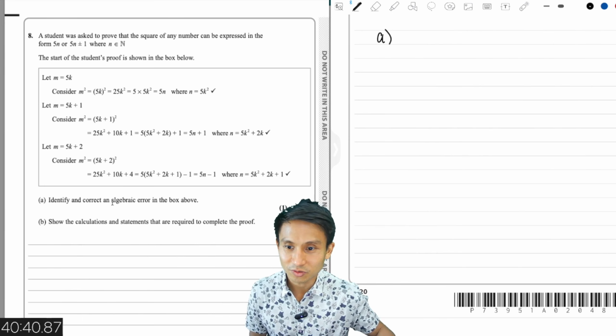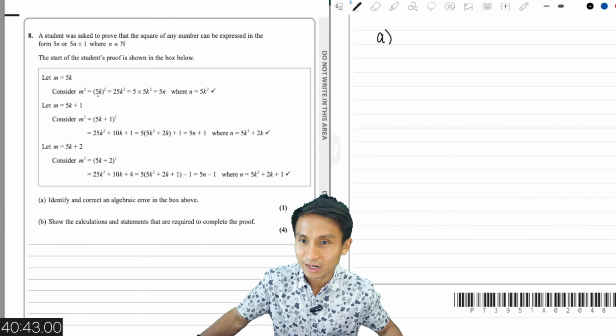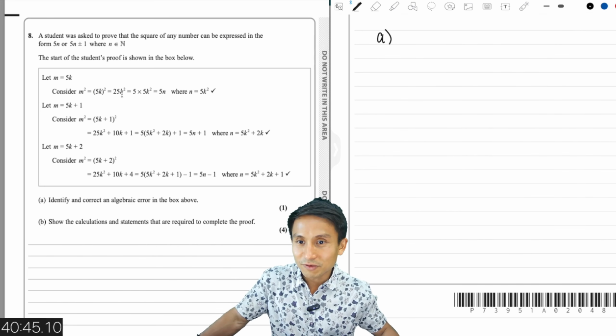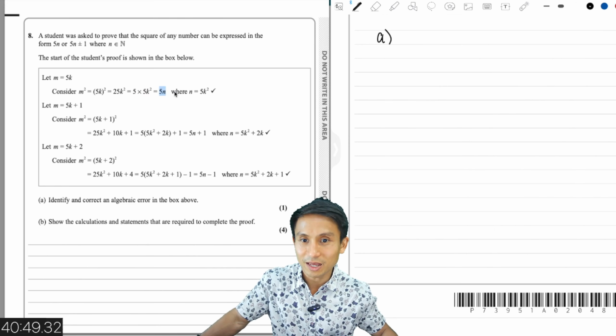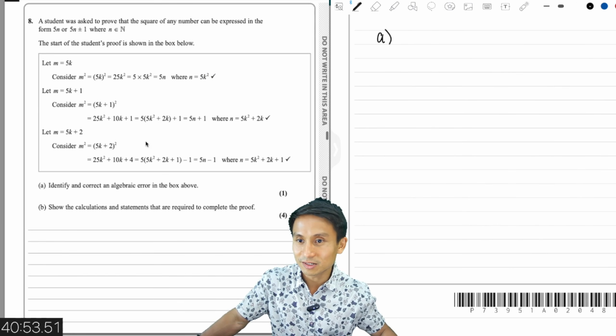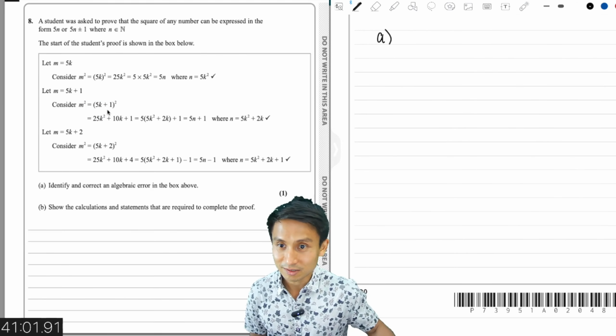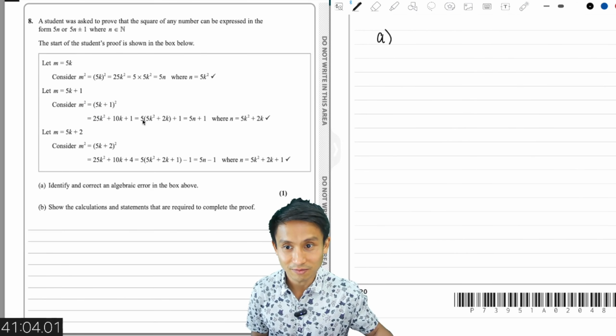Okay, so is there an algebraic error? m squared, 5 squared, 25k squared, 5 times 5k squared, that's 5n, where n is 5k squared, so that's fine. Let m be 5k plus 1, so that's expanding. So 5k squared times 2k plus 1, I believe that's fine.